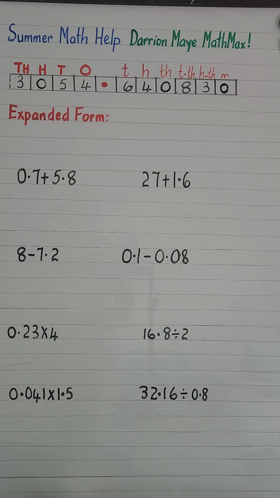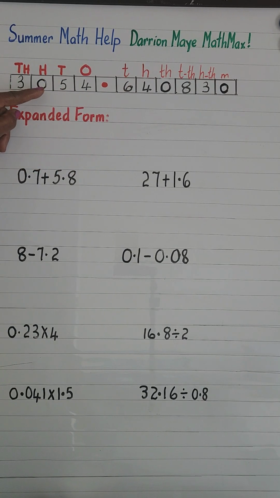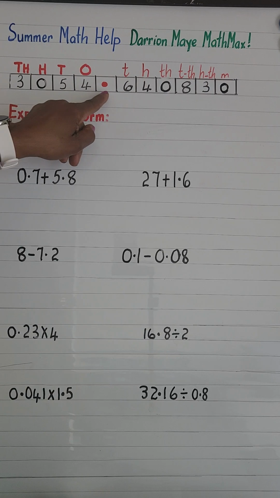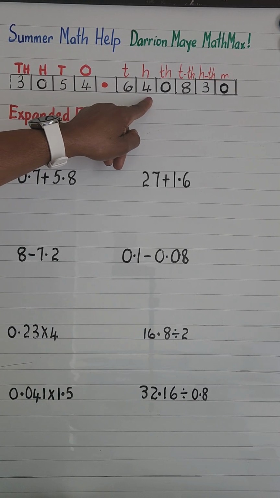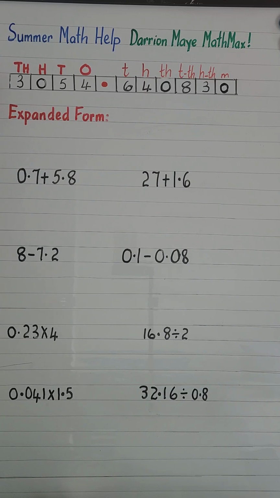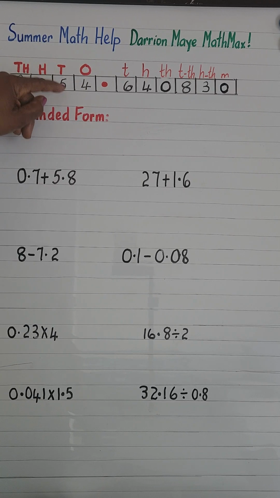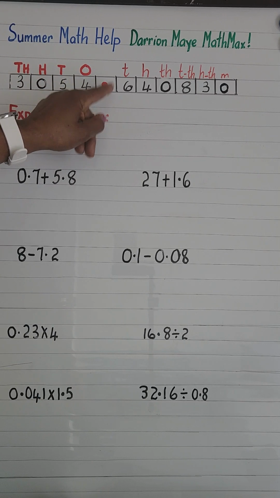Today we will be discussing all we need to know about decimal points and place value. Here we have a standard decimal number, 3054.640830. And here we have the place values labeled thousands, hundreds, tens, and ones of our decimal point.